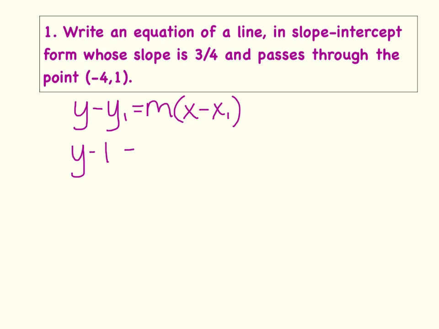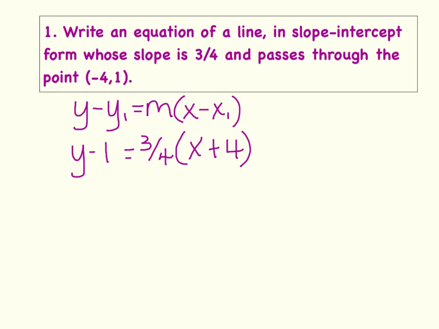Let's just continue. So our m is our slope, and that's 3/4 times x minus x1. Now since minus x1, we have to say minus -4. But remember, when you subtract a negative, it's the same as adding. So we're going to simplify it and just show it that way.